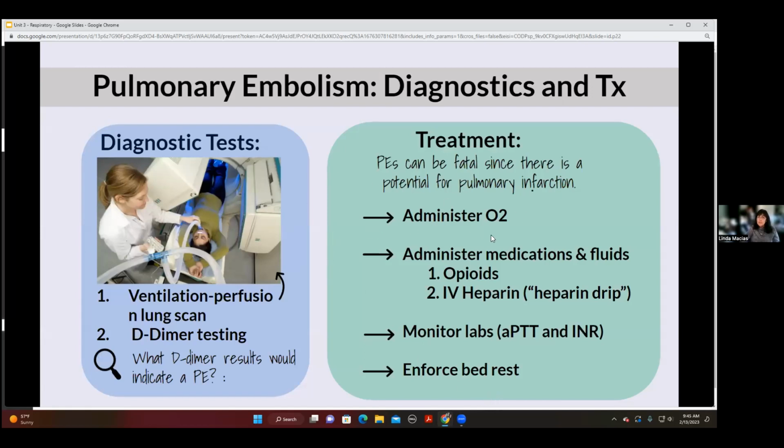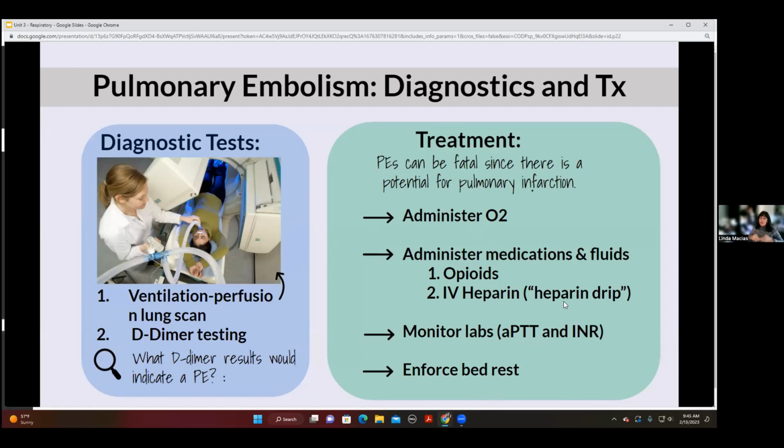Pulmonary embolism treatment: administer O2, and then they start the IV drip. They're definitely giving the oxygen so that the patient can still perfuse, but diagnostic tests, ventilation-perfusion scan, a D-dimer test. And these patients would immediately go to the unit, get on a heparin drip, and have mechanical ventilation right there if it's needed.